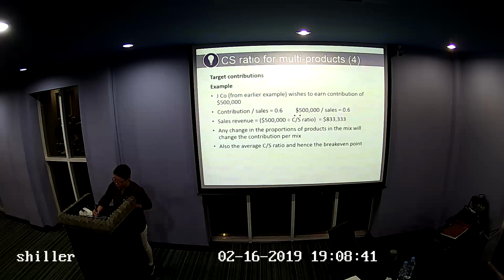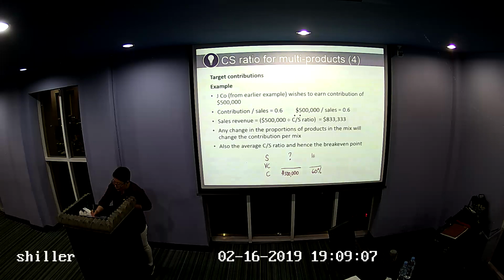Let's put it in the context that you understand. Sales minus variable cost equals contribution, correct? They want to have a contribution of 500,000. They want to know how much they're going to sell, correct? What is the CS ratio? 60%.